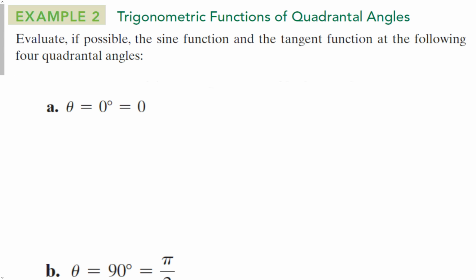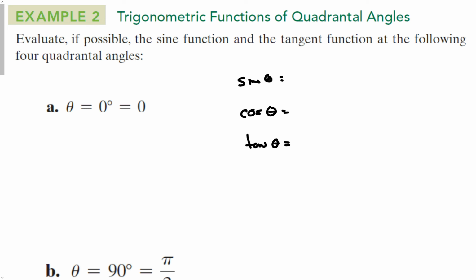All right, so 0 degrees or 0 radians. Evaluate, if possible, the sine and the tangent function. Let's do all three: sine of theta, cosine of theta, and tangent of theta.